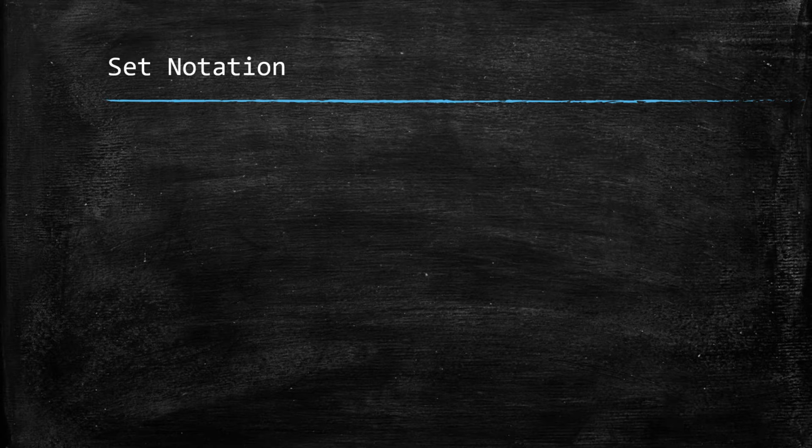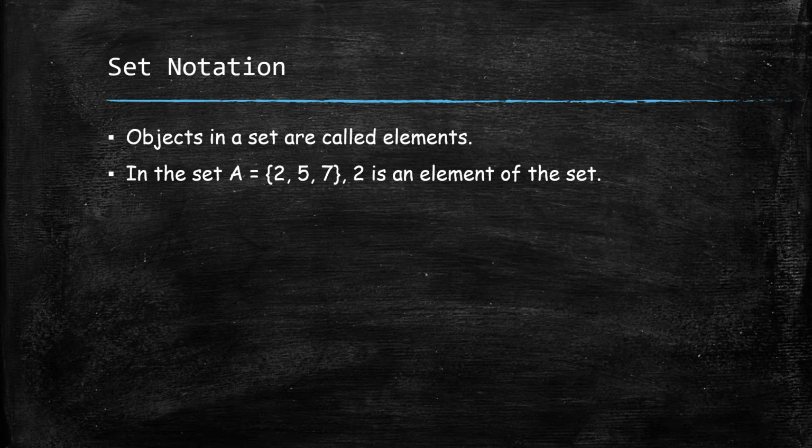Now let's proceed to set notation. As we know, objects in a set are called elements. So in the set A = {2, 5, 7}, 2 is an element of the set since it's an object in it.